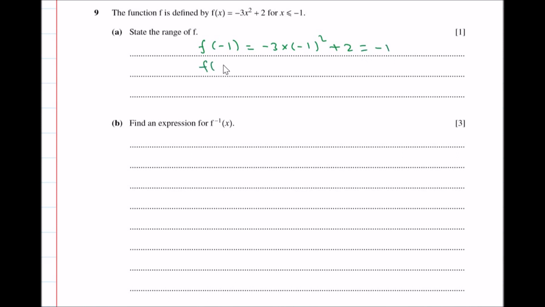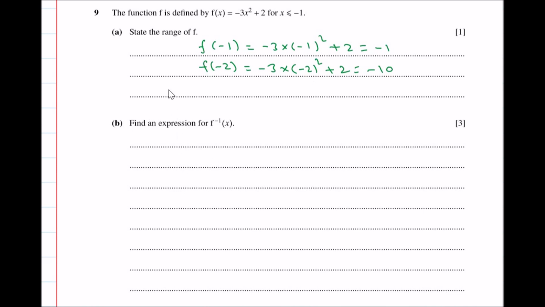Now if you find f(minus 2), you get minus 3 into minus 2 square plus 2, that is minus 12 plus 2, minus 10. So if we observe the pattern, the highest value will be minus 1, and all other values for x less than equal to minus 1 will be smaller than that.